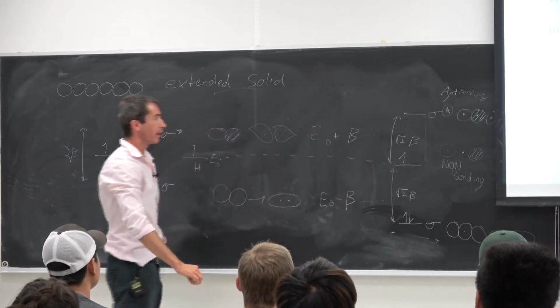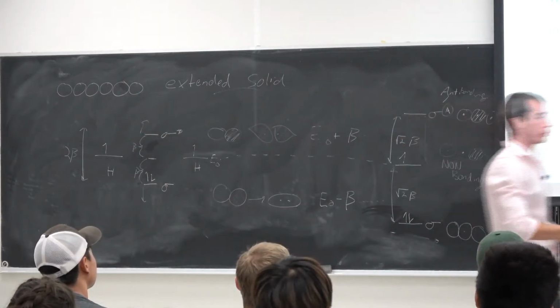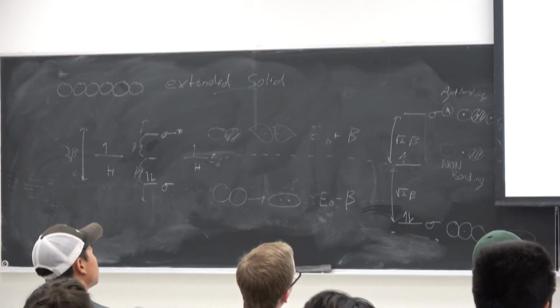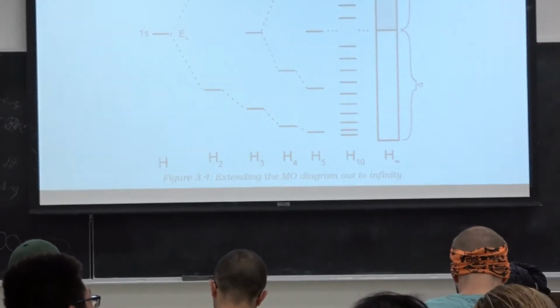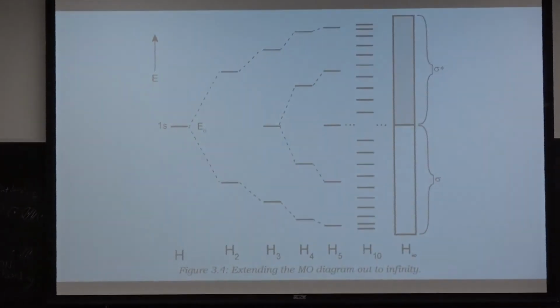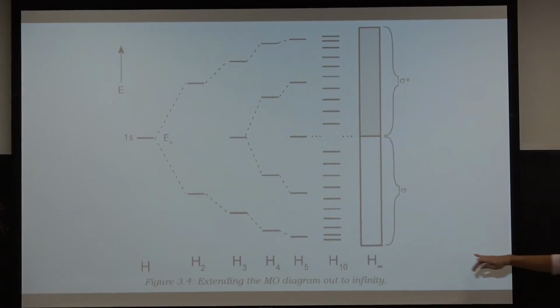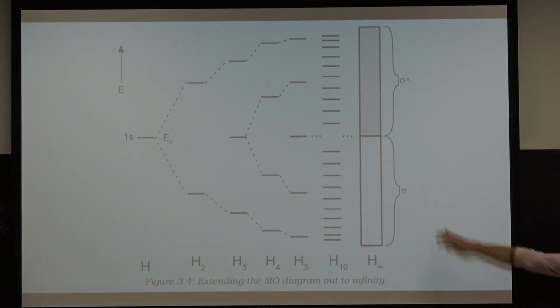Less, right? And so when you push this out to H2, H3, H4, and so on, you start to see this convergence, where all of these lower energies are occupied and all of the antibondings are unoccupied.